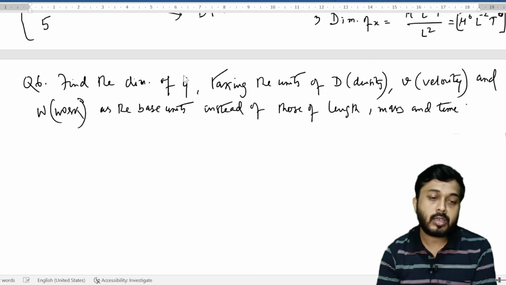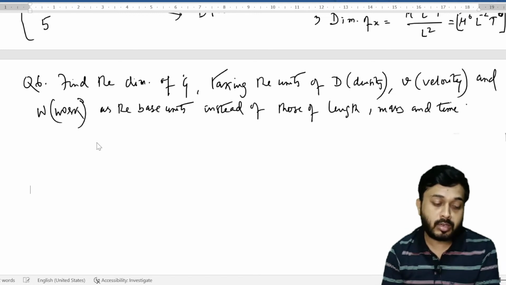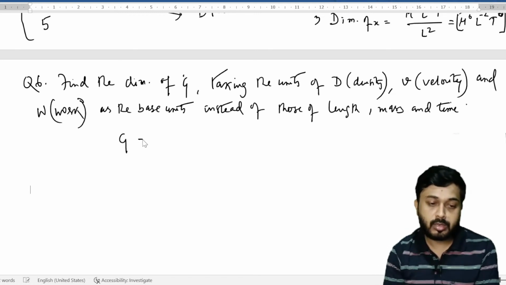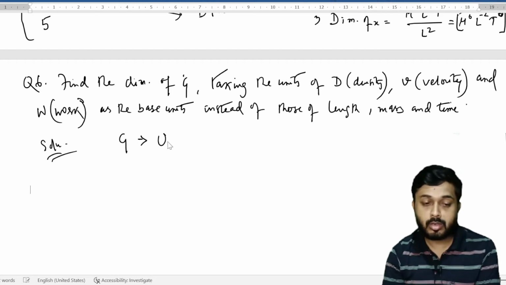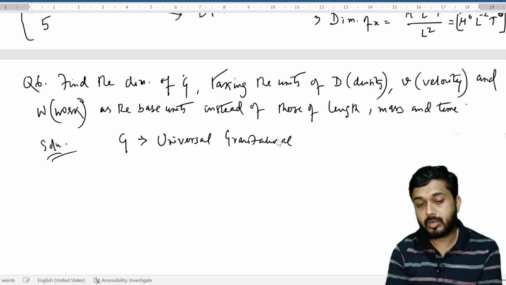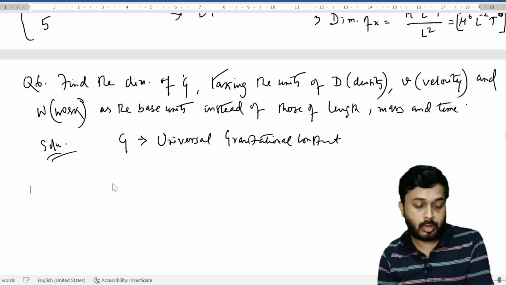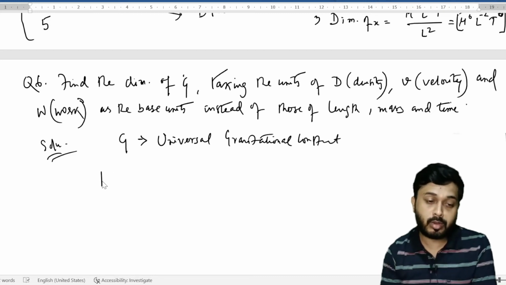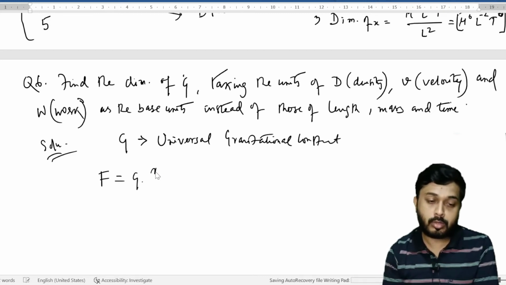What is G? G is actually the universal gravitational constant. Keep it in mind. So how to find out G? From Newton's law of gravitation, F equal to G into m1 m2 by r square.